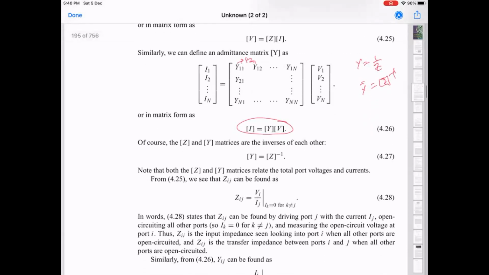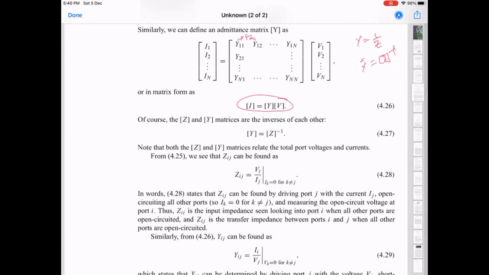Okay, and then the last important thing to know is, how does one actually measure these impedance matrix quantities? It's not obvious from this relationship how it is related to the various components in that network. Now, you might have access to the internal structure of the network, or you might have access only to the terminals, and you need a mechanism to calculate or measure these quantities.